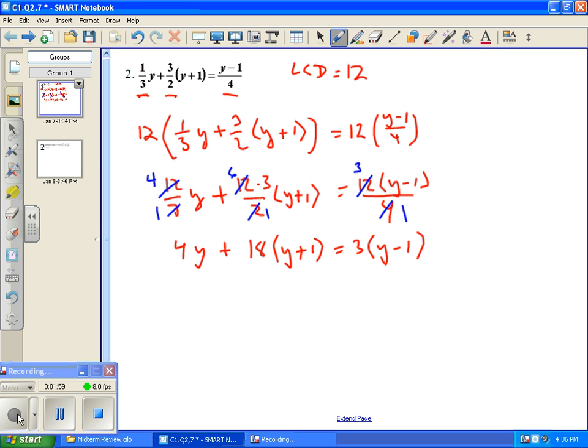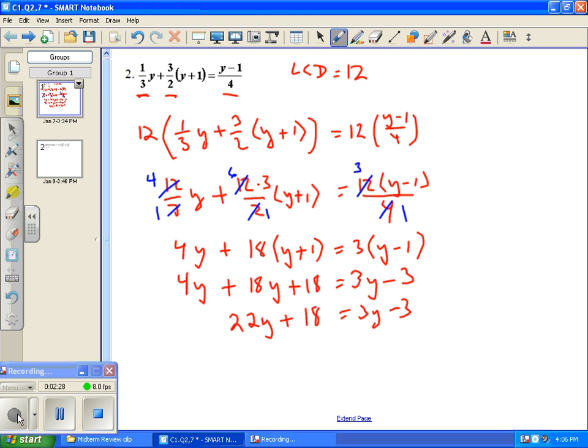So we are just going to multiply through. So 4y doesn't change for now, plus 18y plus 18 equals 3y minus 3. Now we have just a simple equation. We want to combine the like terms first. So 22y plus 18 equals 3y minus 3.